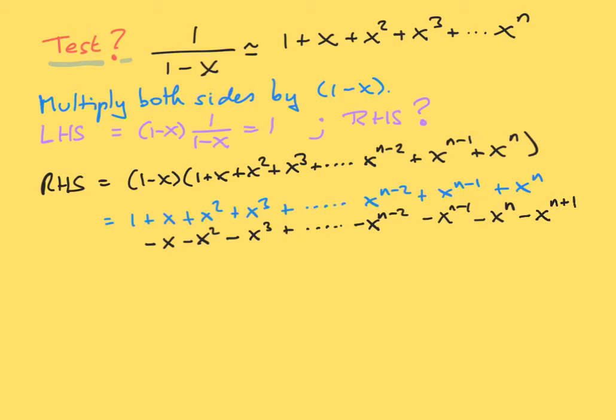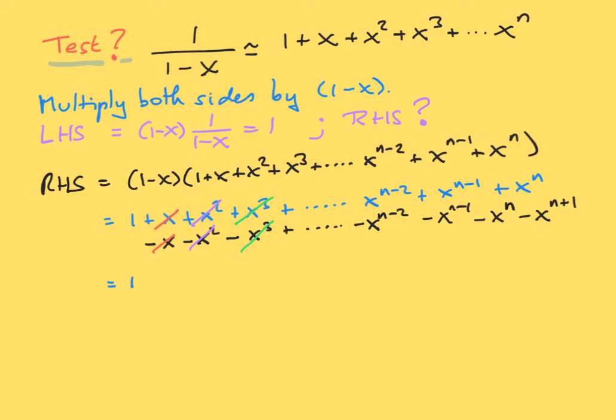So this is beautiful. We see lots of cancellations. The first term that survives is the 1. Nothing cancels that. But we see that the plus x and the minus x cancel. We see that the x squared and the minus x squared cancel. X cubed and minus x cubed cancel.